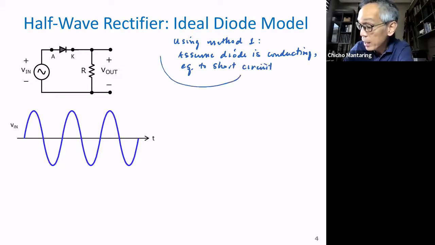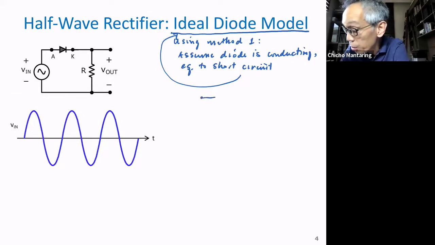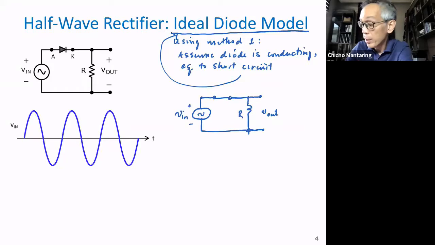Dahil ang ginagamit natin is yung ideal diode model. That's why it's equivalent to a short circuit. So let me draw it here. Ito ngayon yung diode ko. No? This is my diode.